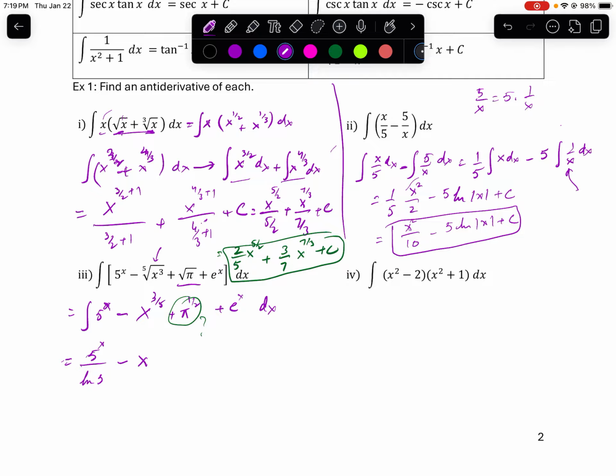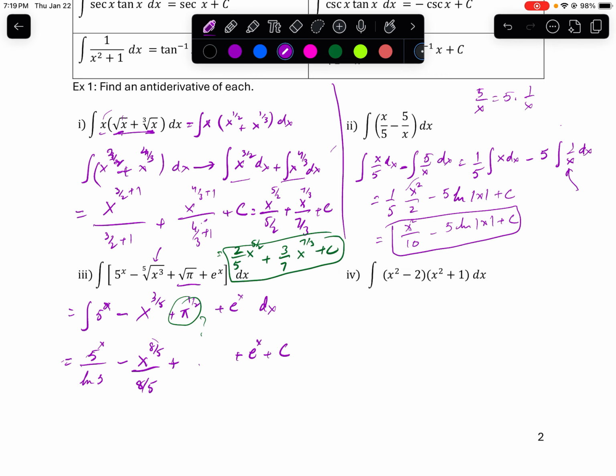So x to the 3/5 plus 1 will give me 8/5, and then divide by this new power. Plus, now what about this one? Okay, let's go to the last one first. So plus e to the x plus c. Then we will clean this second term, and that will give us our answer.